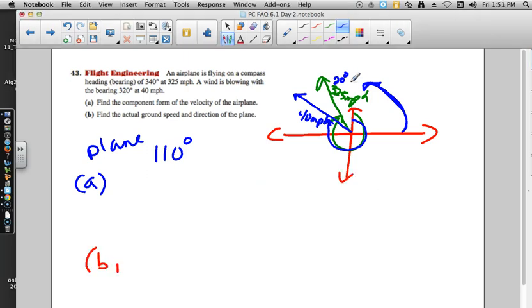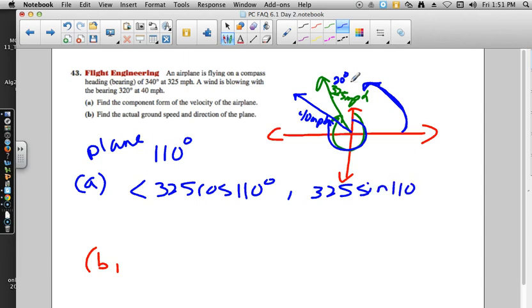But we realize that is not going to give us the whole picture. So 325 cosine of 110 degrees and 325 sine of 110 degrees. But there is a wind, and that wind is going to affect that.